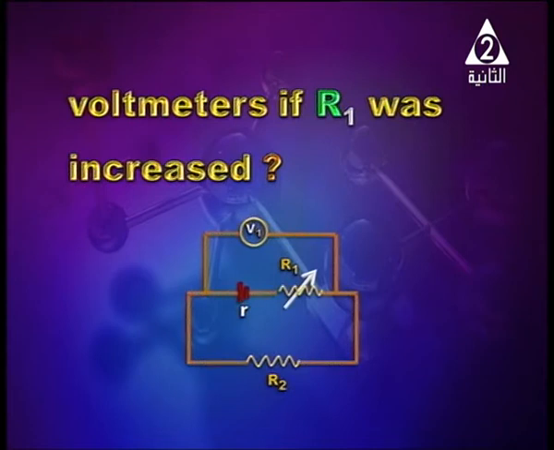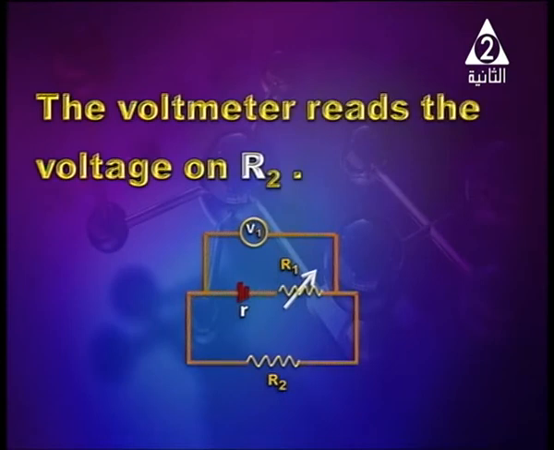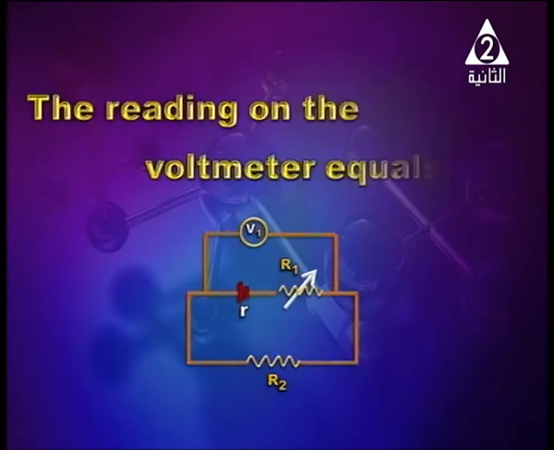If the current increases, it will increase; if it decreases, it will decrease. R1 was increased, and increasing R1 will decrease the current. So the current passing through R2 will decrease, and the voltage across R2 will decrease. This voltage is read by V1, so V1 decreases. The voltmeter reads voltage on R2, so the reading equals IR2.